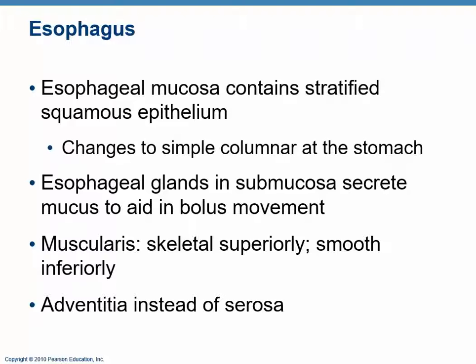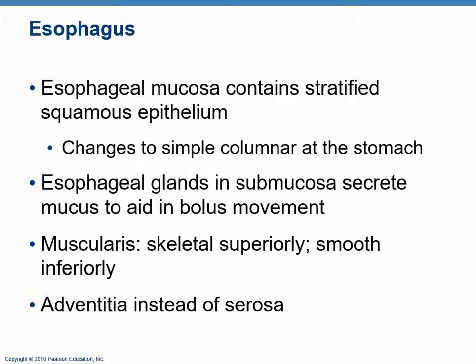And the middle third is a mixture of both. So there's a transition from a voluntary muscularis near the throat to an involuntary muscularis near the stomach. This is one of the reasons why you can stop a swallow, but only until it gets so far, and then it becomes involuntary.